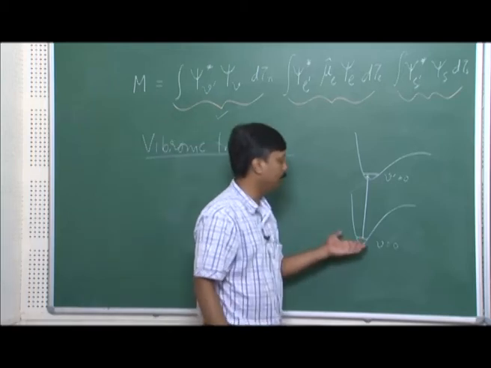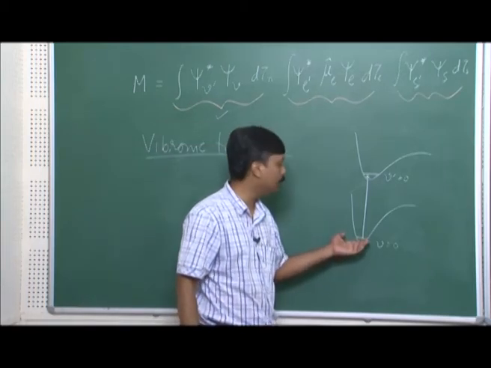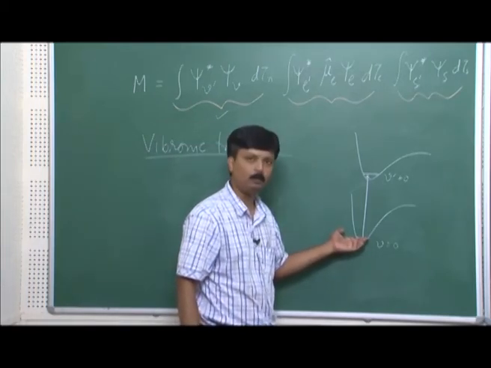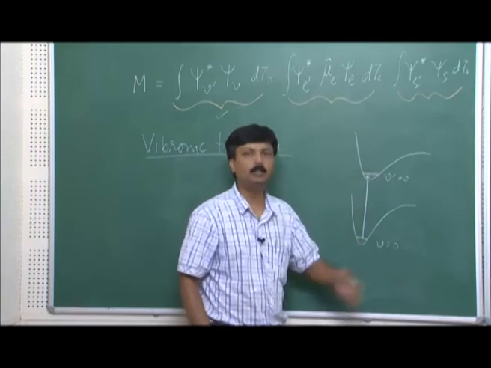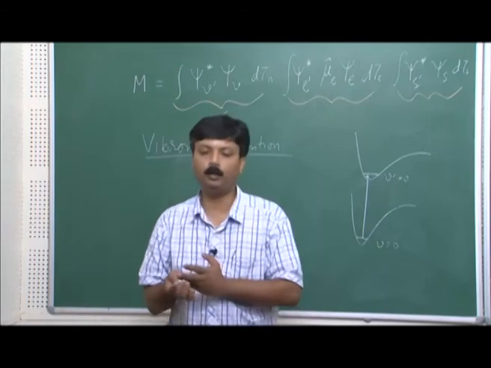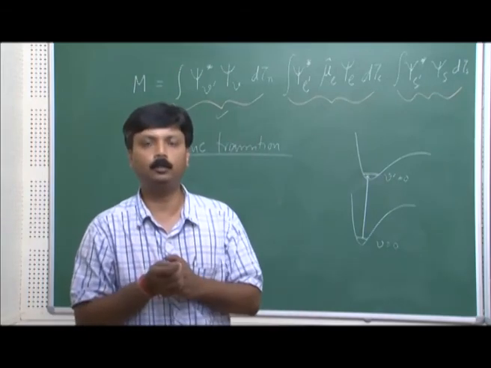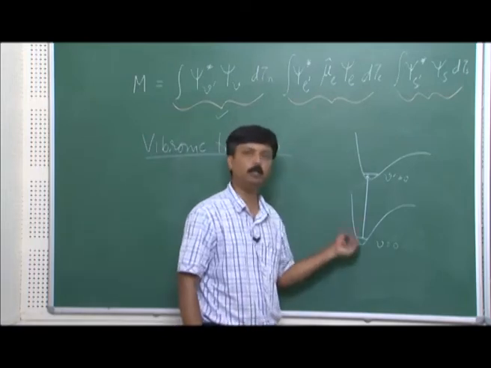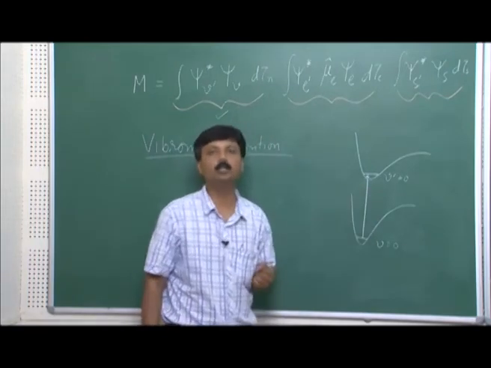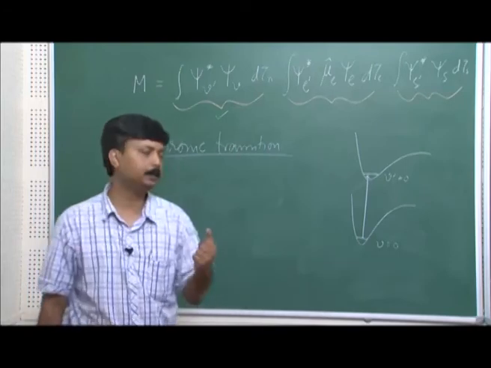Though here you can say, of course, my system is going from one vibrational state to another, since both of them are the ground vibrational state, we call this a pure electronic transition. There is no contribution coming from the vibrational states.